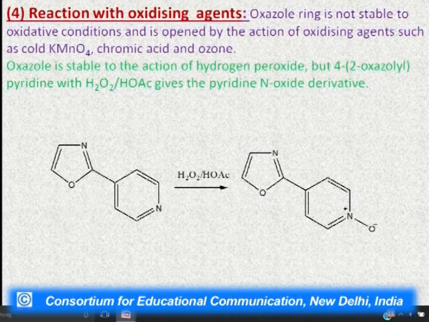Here ring cleavage will not take place, it will not affect the ring structure, but 4-(2-oxazolyl)pyridine with hydrogen peroxide in acetic acid will finally give the pyridine N-oxide derivative. So here the oxidation will take place in the pyridine ring and we will get the N-oxidized pyridine derivative.